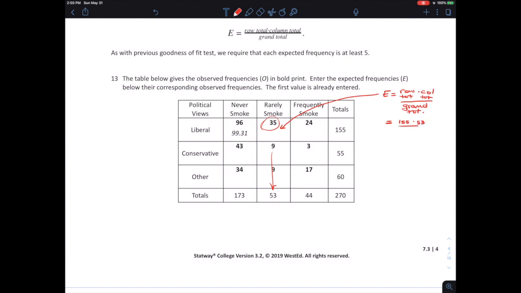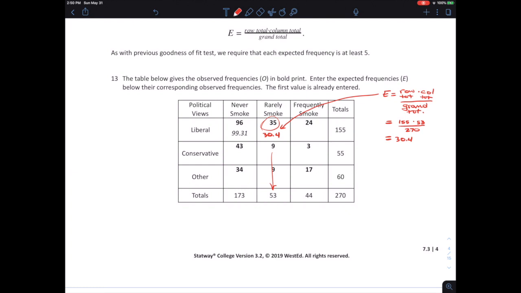And in every case, the grand total is going to be 270. Do that to a couple of places after the decimal, and go ahead and pause if you need to. So this should come out to be about 30.4. So we can put that in here, 30.4.